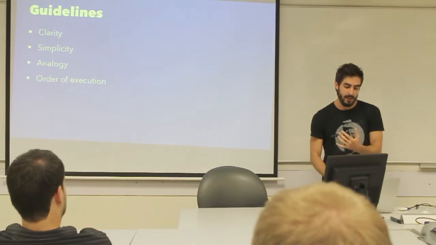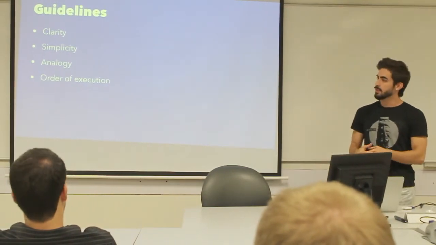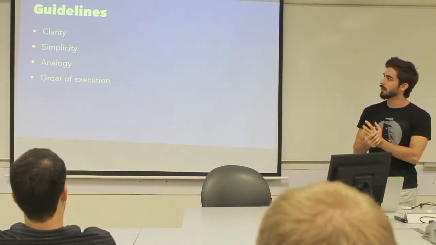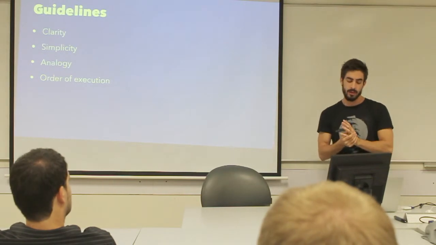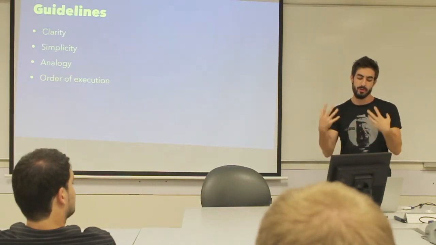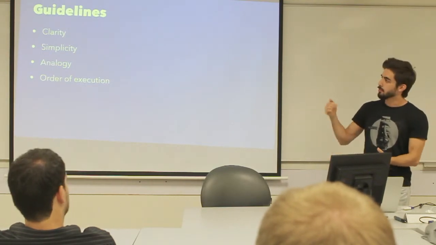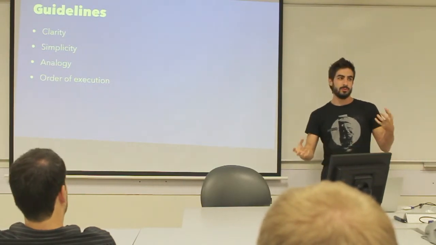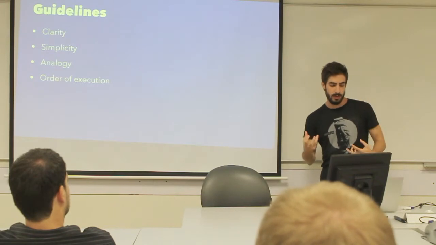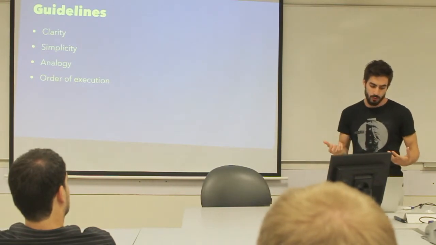So a couple of guidelines when you do this kind of thing. It's a bit dangerous because it doesn't really fall into the modularity that Swift is so proud of, so you have to follow certain guidelines. You have to be clear. You don't want to use confusing symbols. You want to be simple.